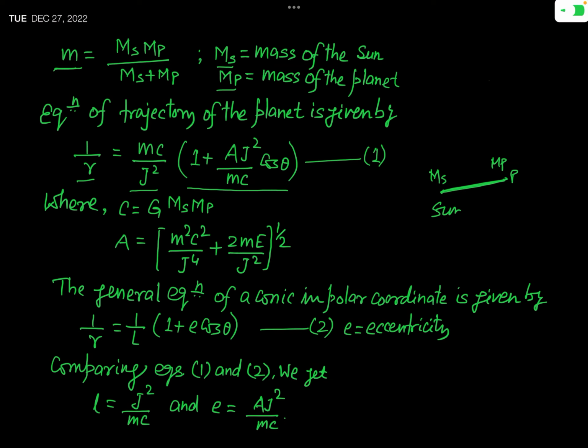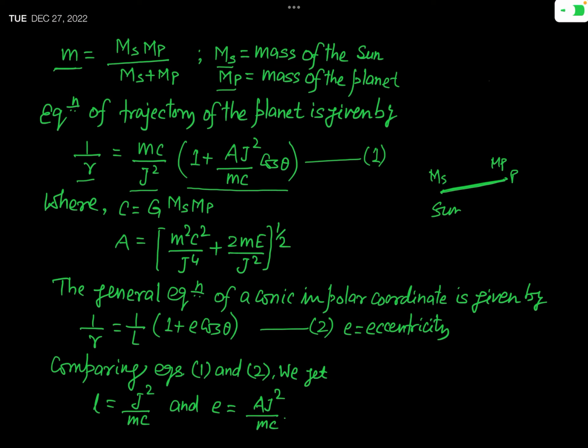Okay, so in the general equation of particle moving in a central force field which is attractive and which obeys inverse square law, you should write this reduced mass m of this system at the place of the mass of the particle.